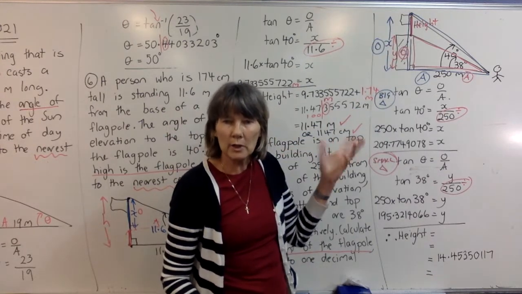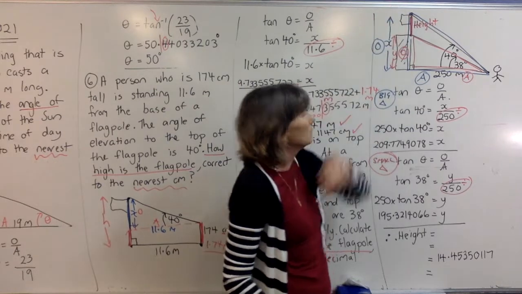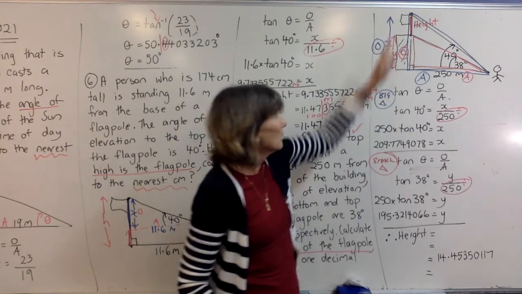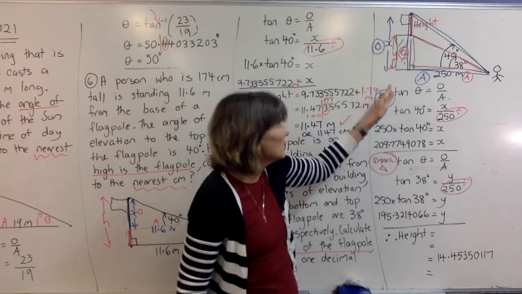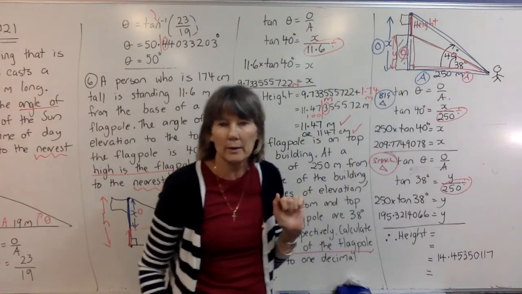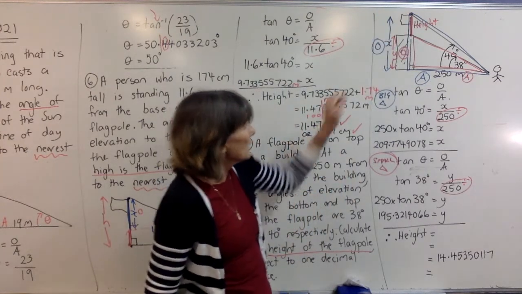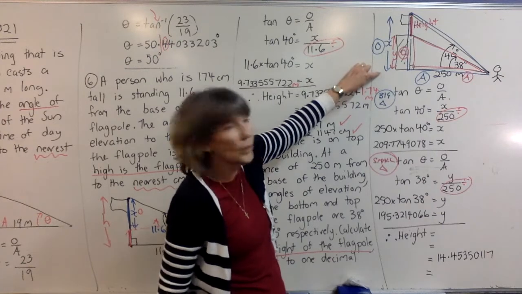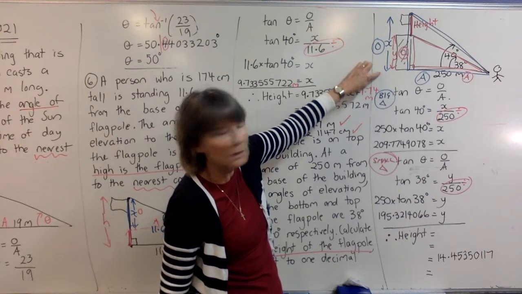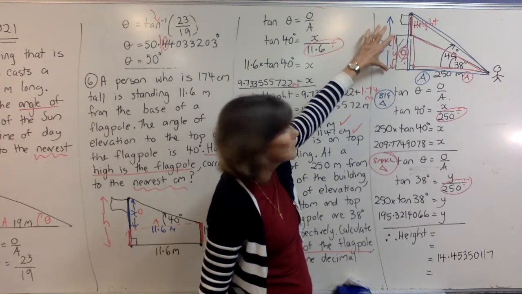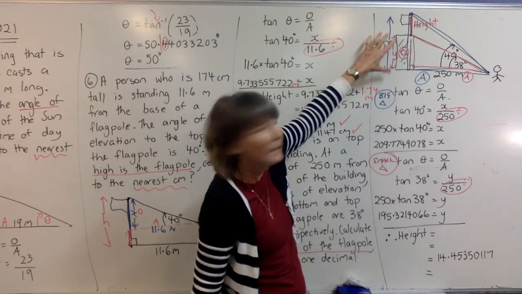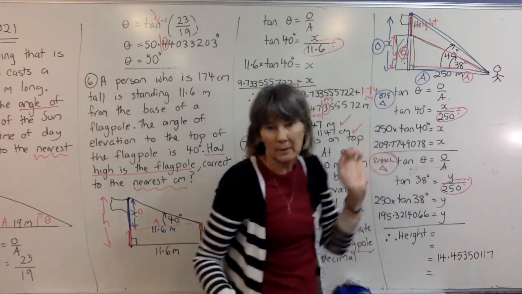So how can I use those numbers to get my height? Think about it. We've looked at two vertical lines here, and we're looking at finding that height at the top. So can you see that we're just going to do the whole thing, which is X, minus this piece here, which is Y, and that will leave us with that little bit at the top.